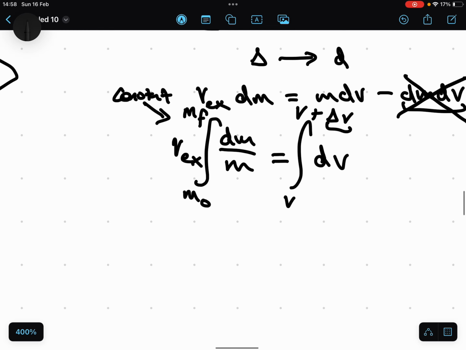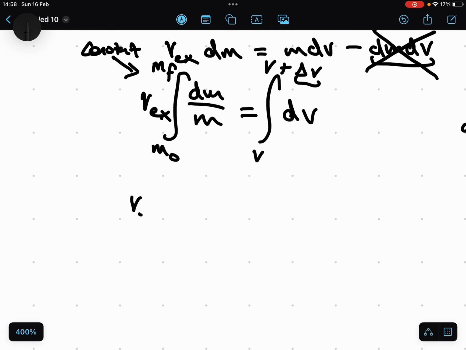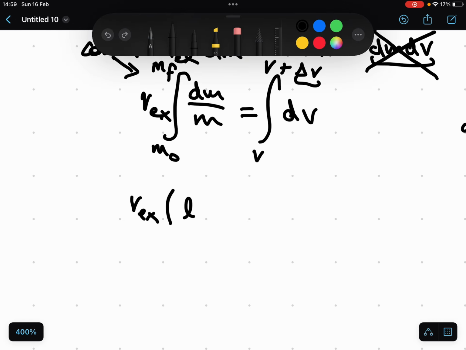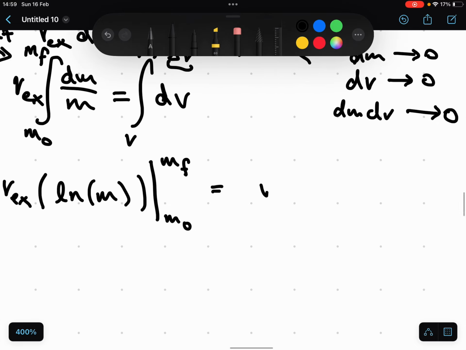It's a very easy integration. Just v exhaust here, and you're going to have ln m, integrating from m0 to final mass. And here it's literally just v, integrating from v to v plus delta v.